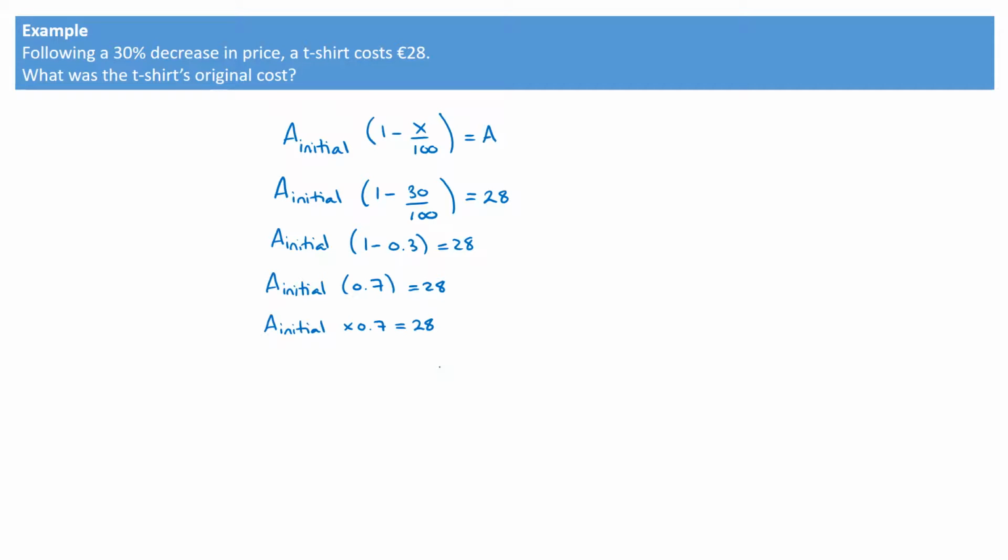All we have to do now is divide both sides of this equation by 0.7 to find the initial cost. So A initial equals 28 divided by 0.7. And we find that's equal to 40. So the original cost of the t-shirt was 40 euros. And there we go. That's how we solve reverse percentage problems. I hope that helps.